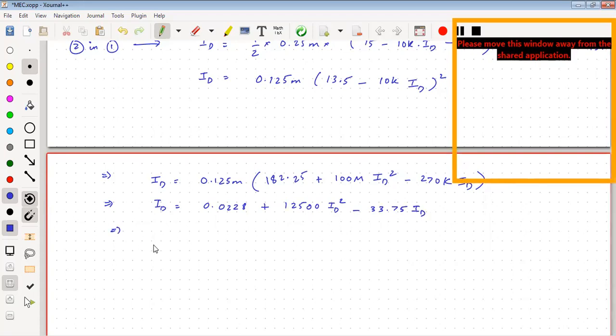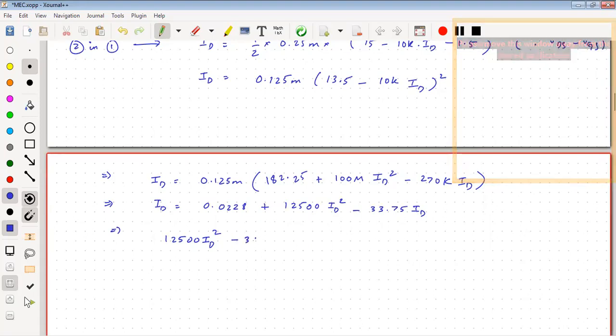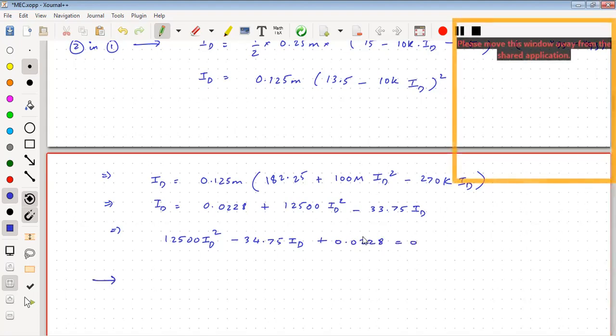Okay. So you write this as 12500 ID square minus 34.75 ID plus 0.0228. From this you get two values of ID.